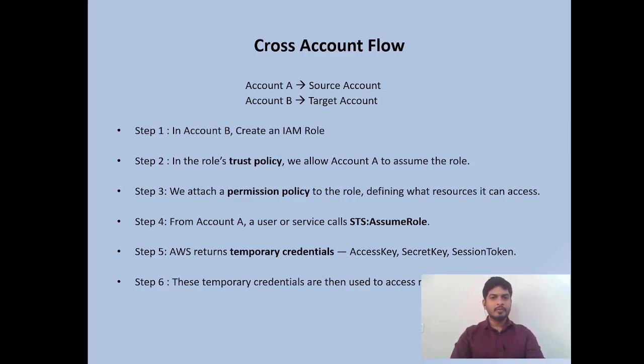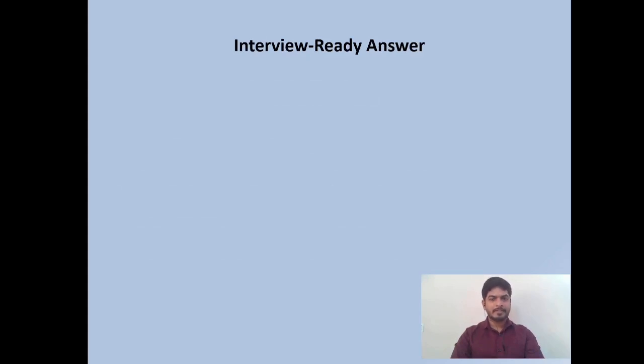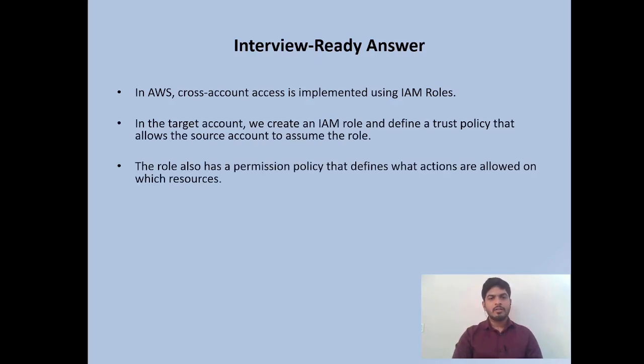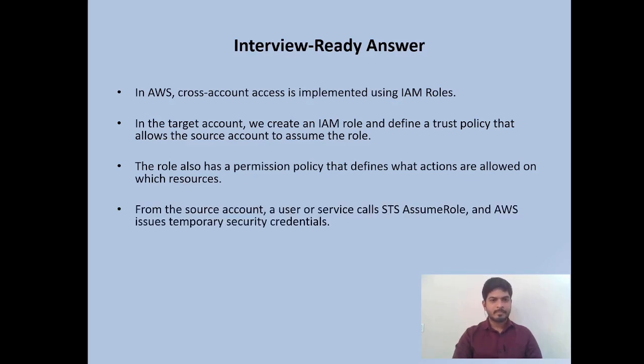Now, let me give you the perfect interview ready answer. In AWS, cross account access is implemented using IAM roles. In the target account, we create an IAM role and define a trust policy that allows the source account to assume the role. The role has a permission policy that defines what actions are allowed on which resources.